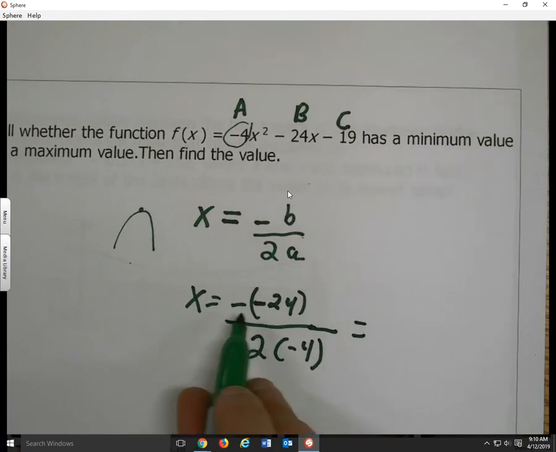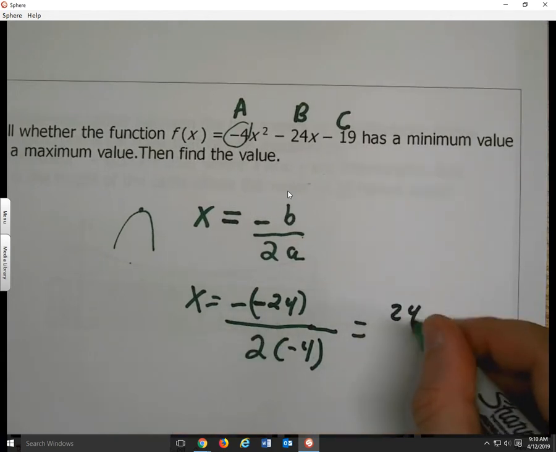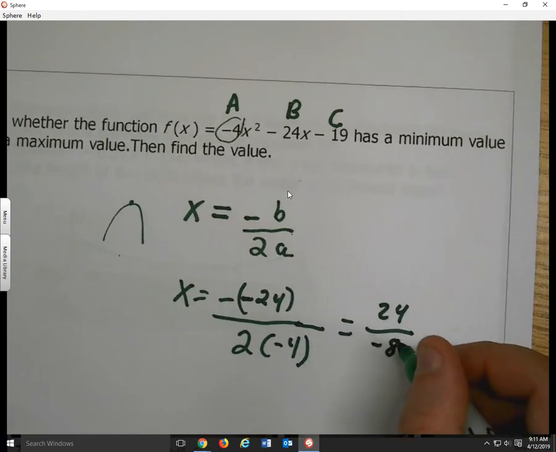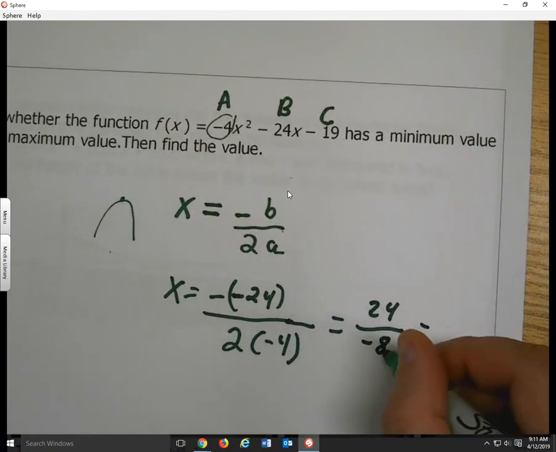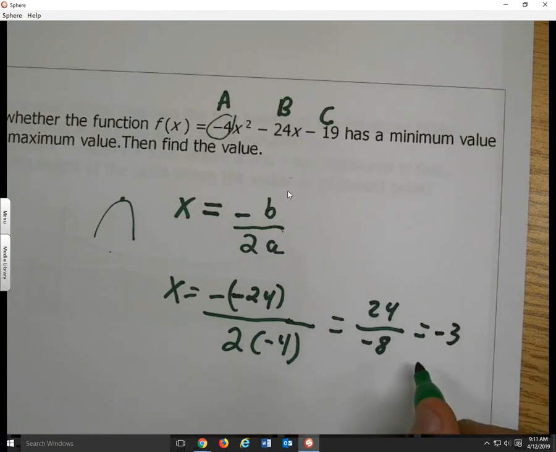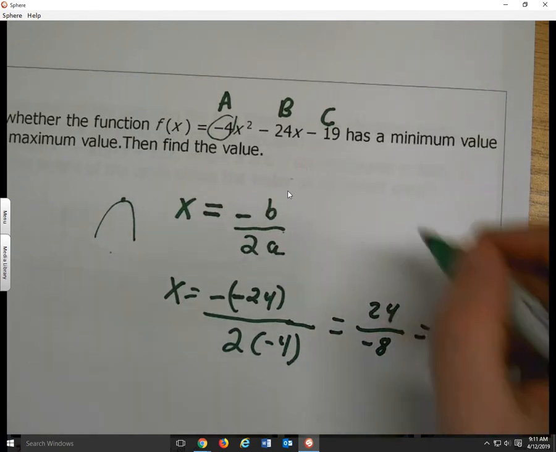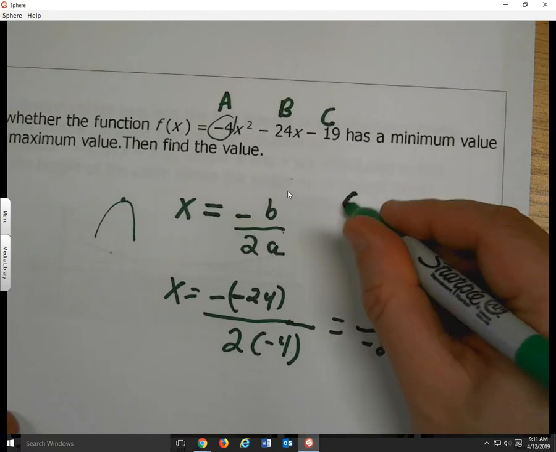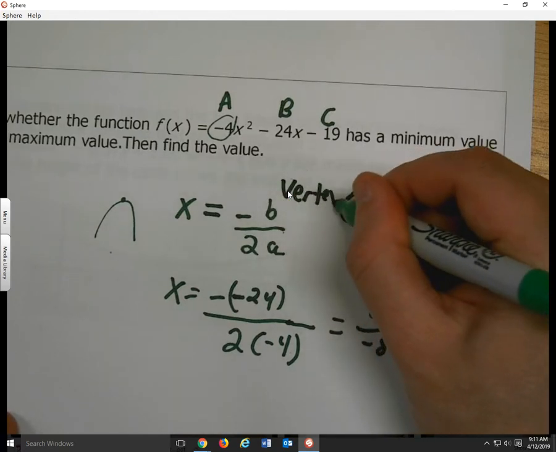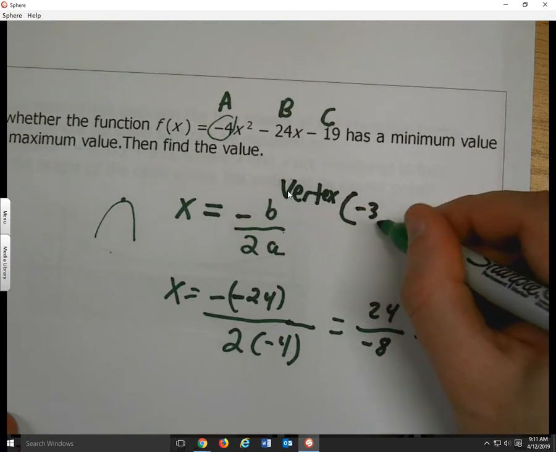So a negative times a negative is a positive, and then 2 times a negative 4 is a negative 8. And then 24 divided by a negative 8 would be a negative 3 because 8 goes into 24 3 times. Okay, so we found the x value of the axis of symmetry, but also what's called the x value of the vertex, which is a negative 3.